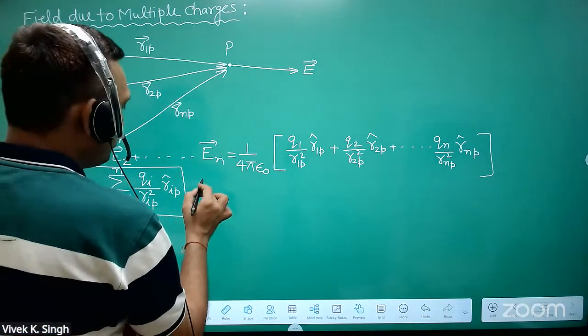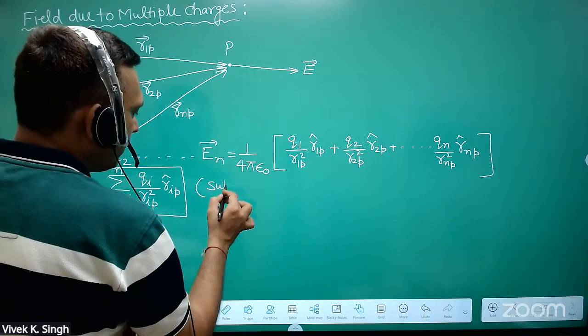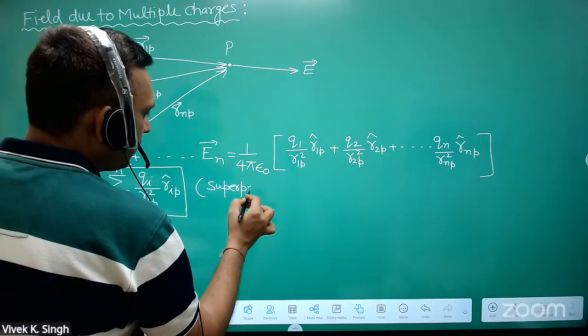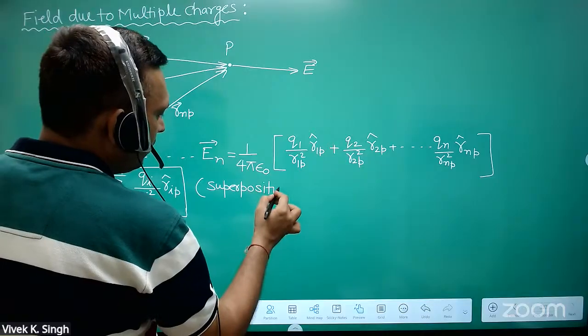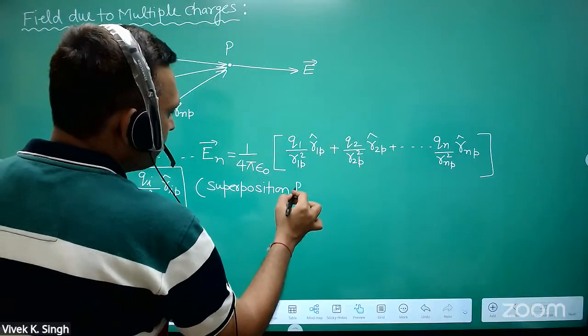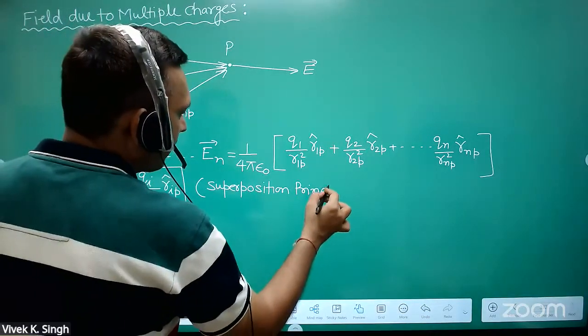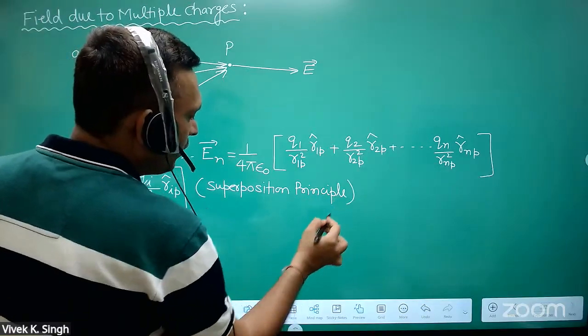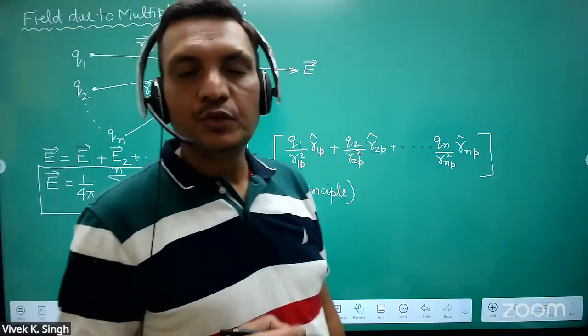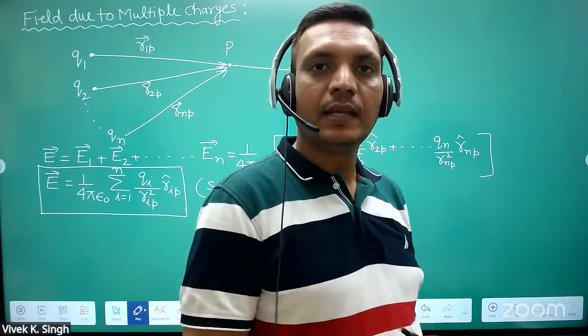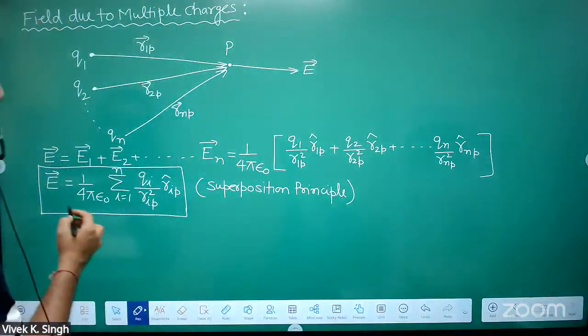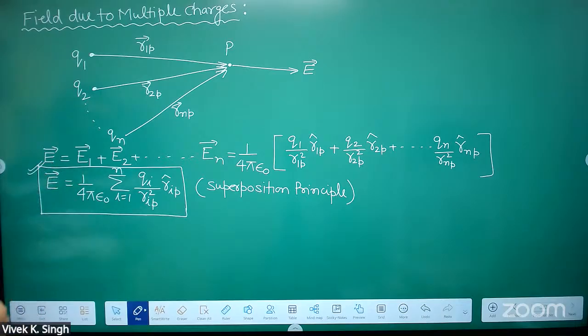And we have used the superposition principle. You have to find the electric field due to individual charges and then take the vector sum. You will get the electric field due to multiple charges.